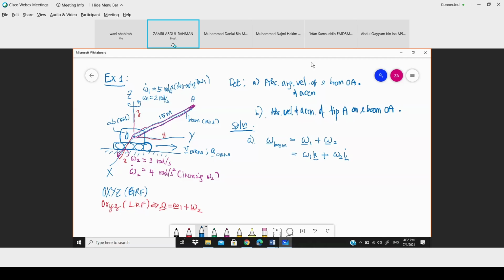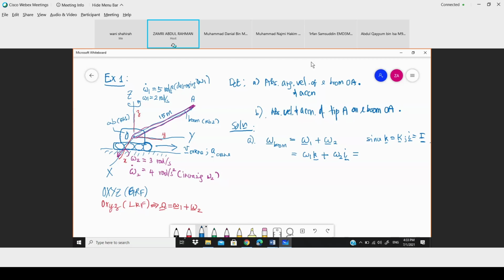Since small k is equal to capital K, and small i is equal to capital I, for the reasons that small x is parallel to capital X, and small z is parallel to capital Z. You can write down the reason on your own.